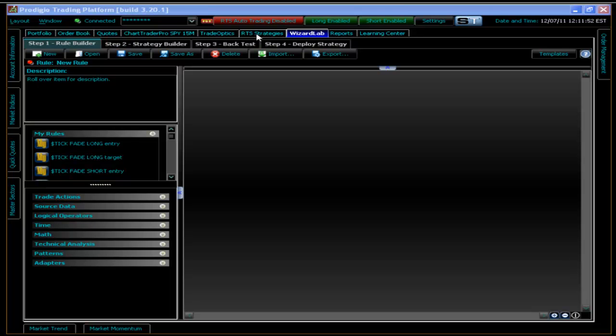You can either build strategies from scratch in Wizard Lab, or in the example we're about to go through today, we're just going to bring the strategies in straight from our desktop. We already cut and pasted them from our newsletter, and we're just going to import them into Prodigio and set them up. All right, so let's do that. Let's go with the FCX SCCO long.